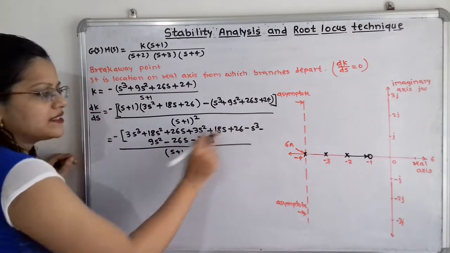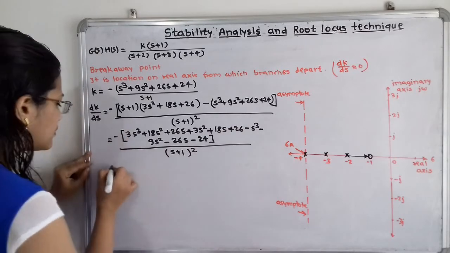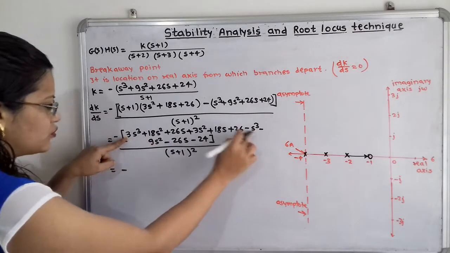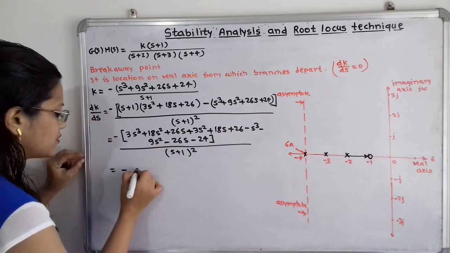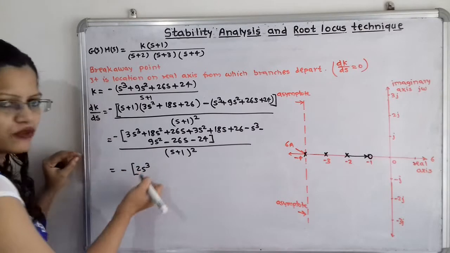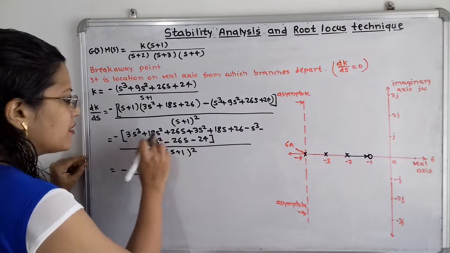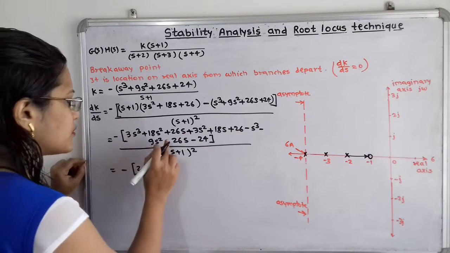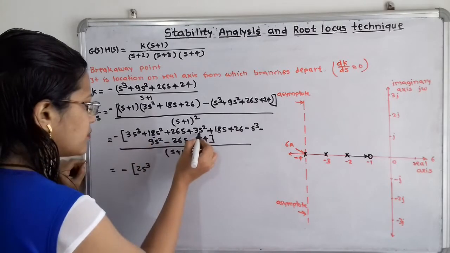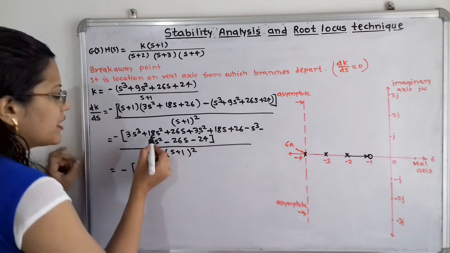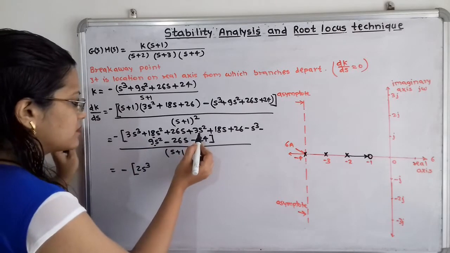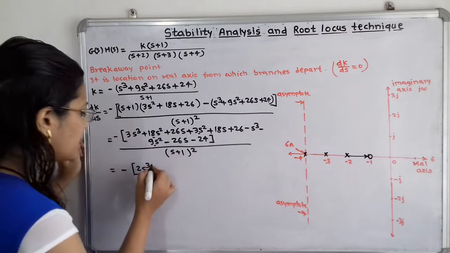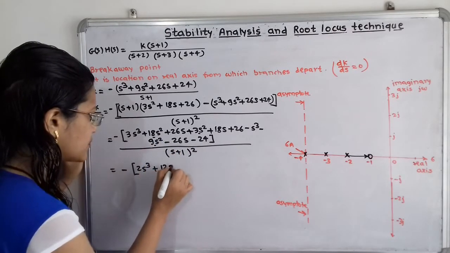Now again we can easily simplify this. So if we observe here, I will take minus sign outside the bracket. 3s cube minus s cube, that is 3 minus 1, 2s cube, we have to take the bracket. Then 18s square plus 3s square minus 9s square. So if we observe here, s square term is 1, 2 and 3. Now 18 plus 3 minus 9, we have to take plus 12s square.